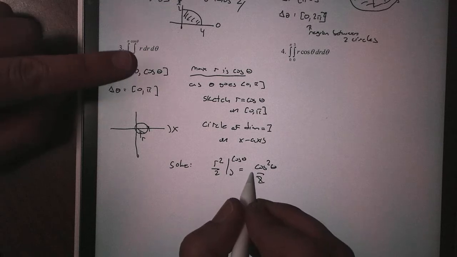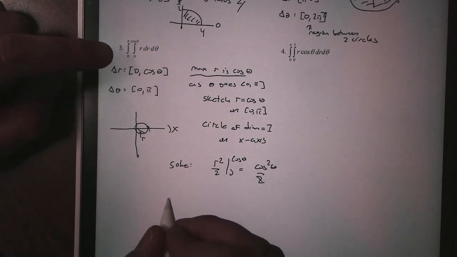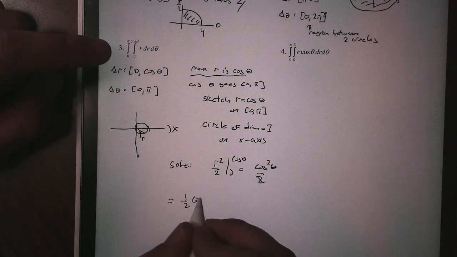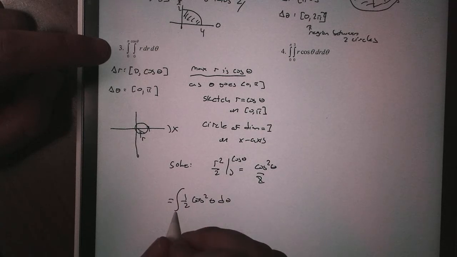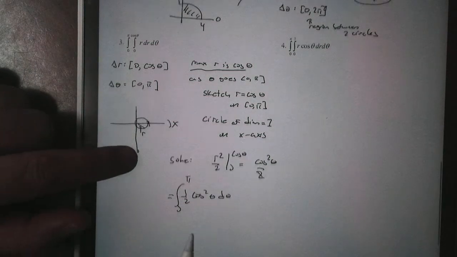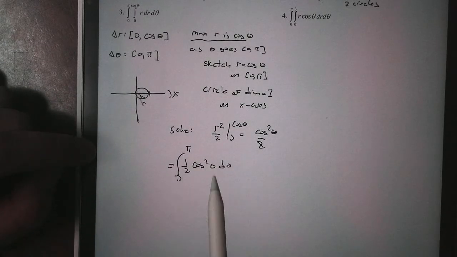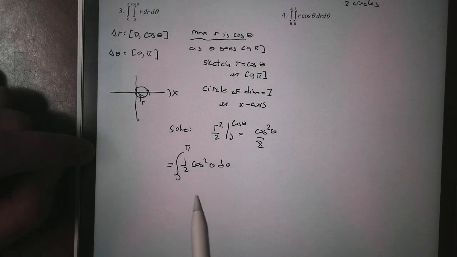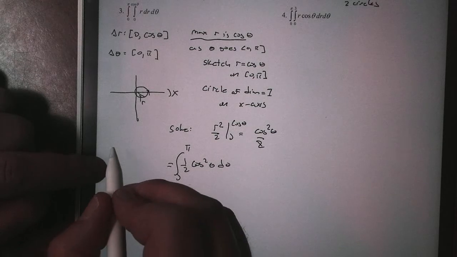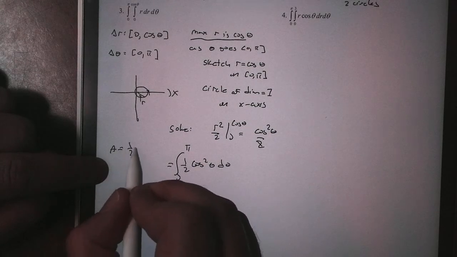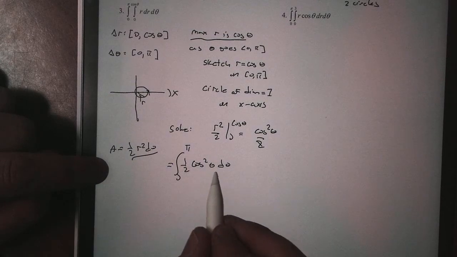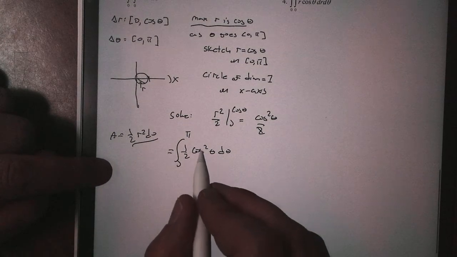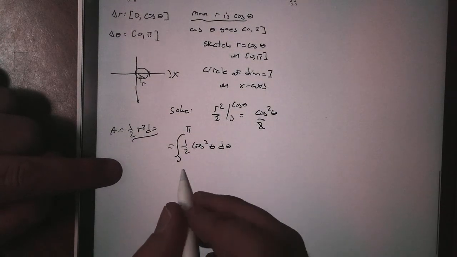And then we would integrate that with respect to theta, so we would get 1/2 cosine squared theta d theta from 0 to pi. Now this should look a little familiar to you. We saw these in calculus last year. The area of a polar was 1/2 r squared d theta. There it is. All right, so we can't integrate cosine squared directly, but we can use our double angle.